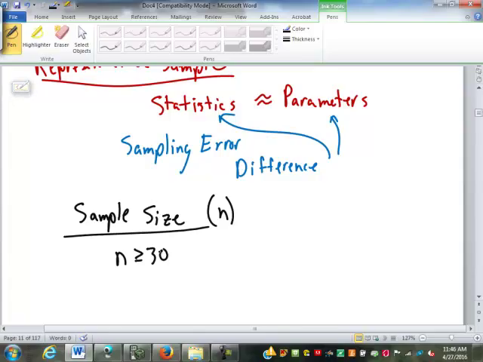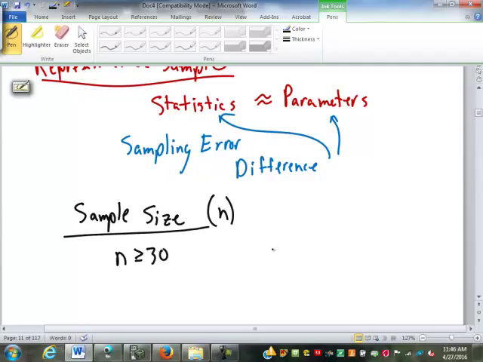That came about in statistics because certain probability distributions, the normal probabilities or normal distribution, seem to fall into place if you have at least 30 in the sample. But that might not always be adequate.